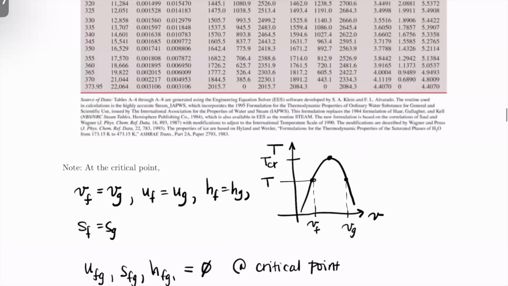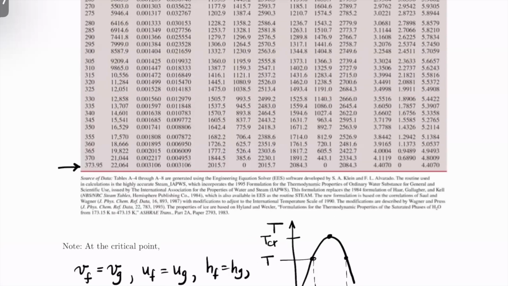So can anybody tell me on this diagram what temperature and pressure represent the critical point? Yeah. 373.95 degrees. Yeah, perfect. Yep, so you'll notice that we have zeros in the FG columns. And that happens because these two values are equivalent, right?